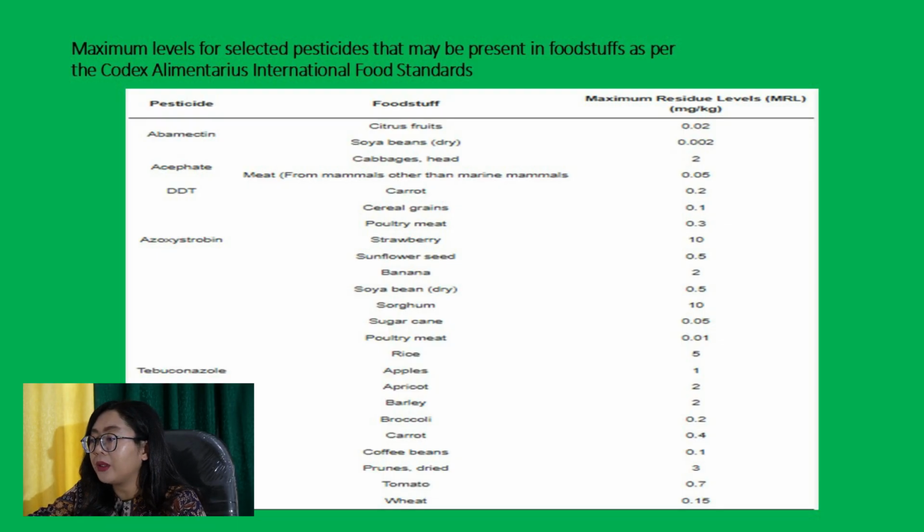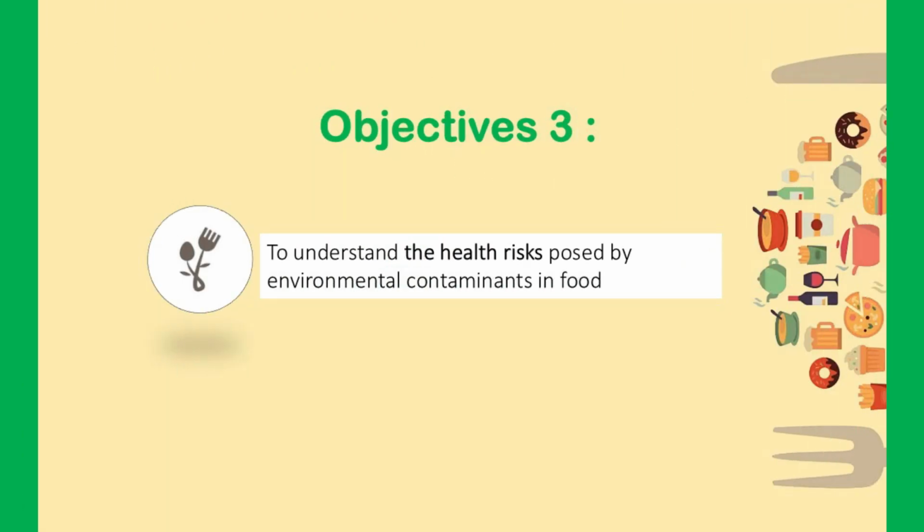And for soya beans, 0.002, and carrot, cereal grains, poultry meat, strawberry, sunflower seed, banana, soya bean, sorghum, sugarcane, we see that they limit the amount of residue that is found in the foodstuff.